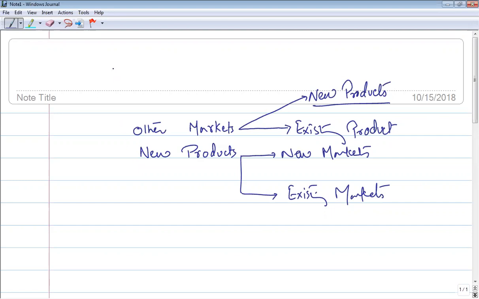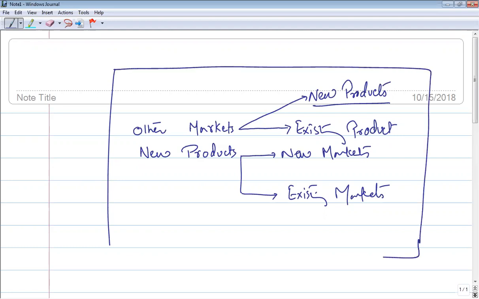So I hope you people will agree that we can have these ways, either of these ways, to increase our sales.